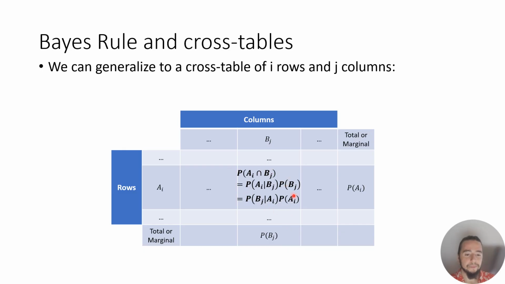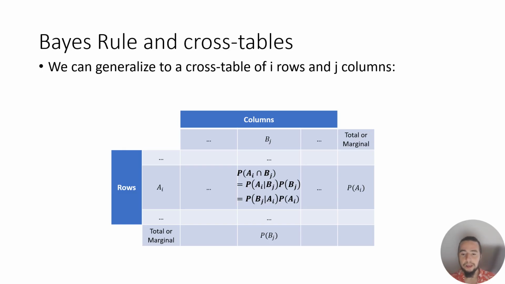However, the cells are going to have this expression, the probability of A and B having any possible value of each one of them, that is going to be equal to the conditional probability of A given B in this pair of values multiplied by the marginal of B. But also the probability of B given A in a pair of values multiplied by the marginal of A.